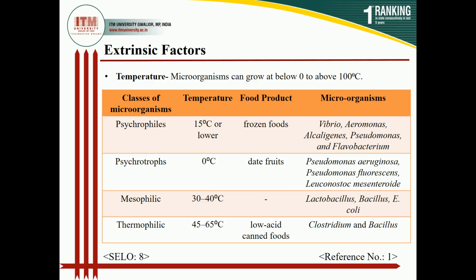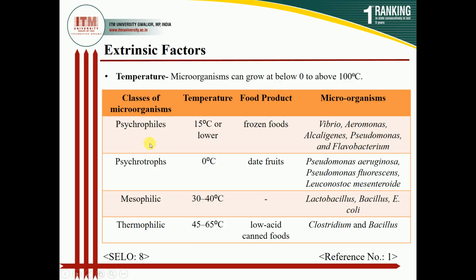And maximum means that the particular microorganism can tolerate that temperature also. It means that there is a chance to grow at that particular temperature, so that is the maximum temperature.